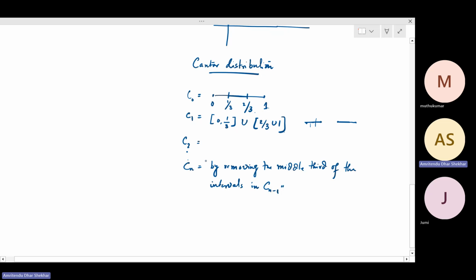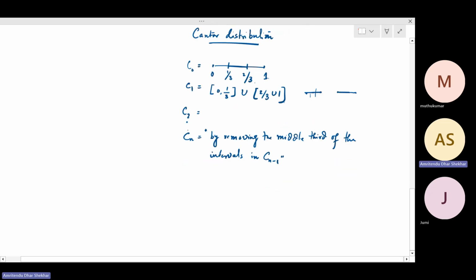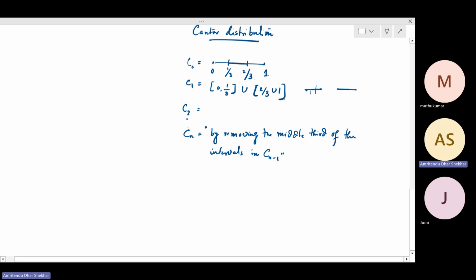The Cantor set is defined as the limit of this procedure, so C is equal to the intersection of the Cn. Of course, this is a highly non-canonical set, and it is known that the Cantor set is an uncountable set.